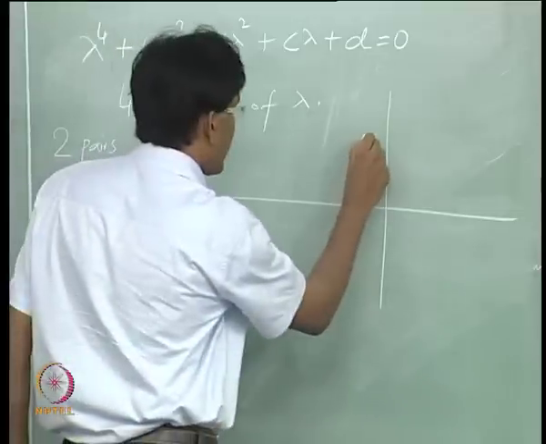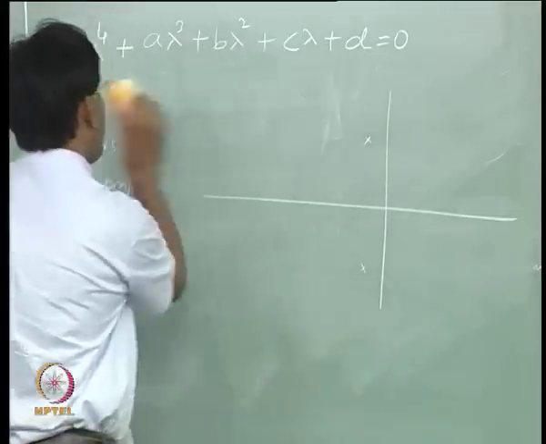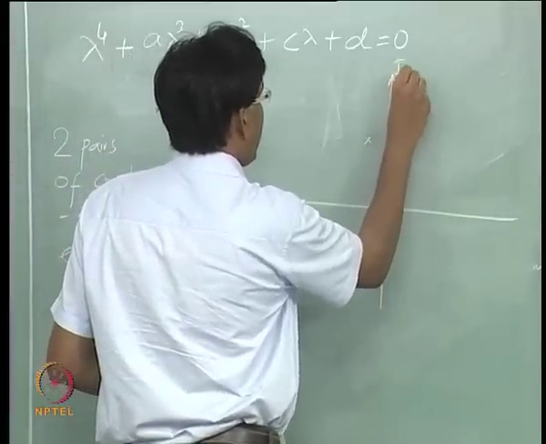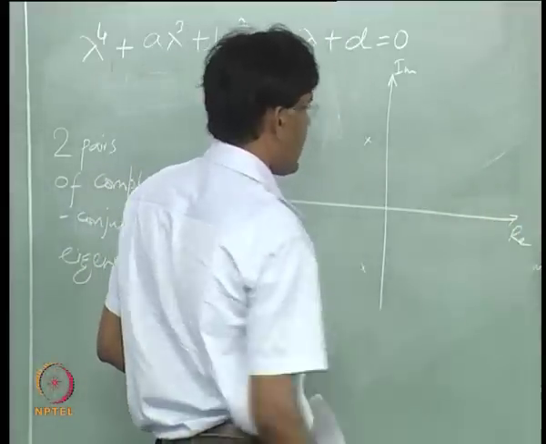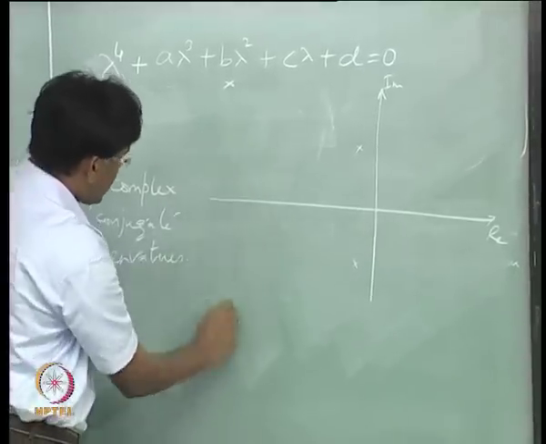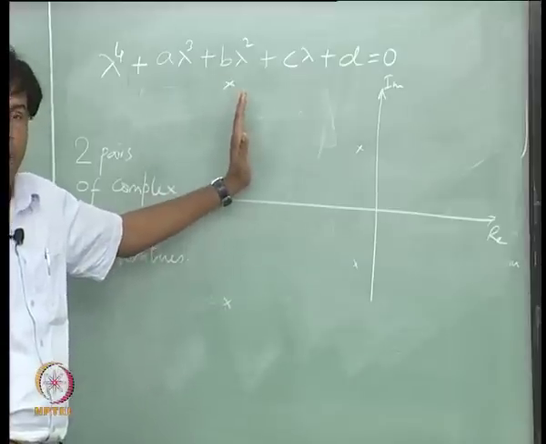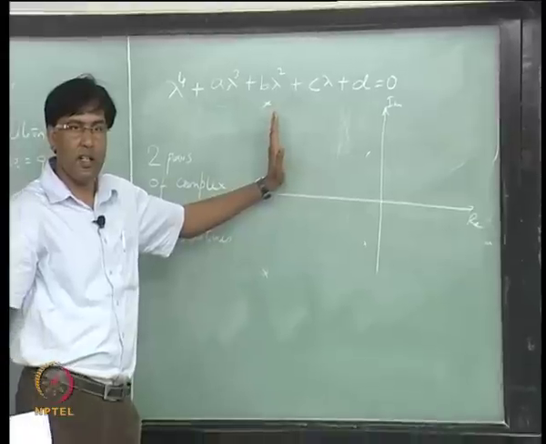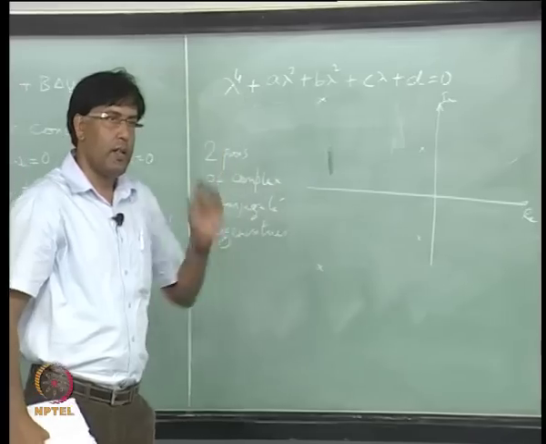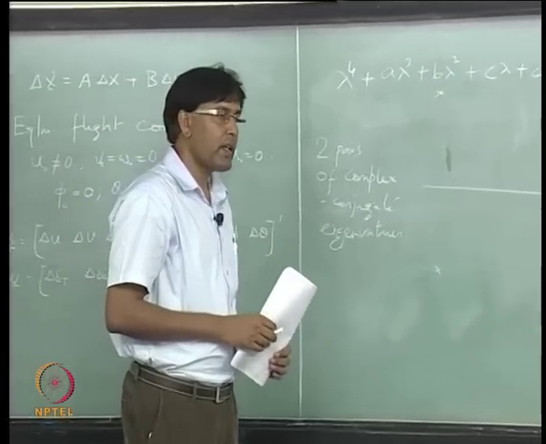One pair is located close to the imaginary axis, and the other pair is located very far from the imaginary axis. So, the other pair has a lot of damping, right, that is what it means. And the frequency is also high, right.